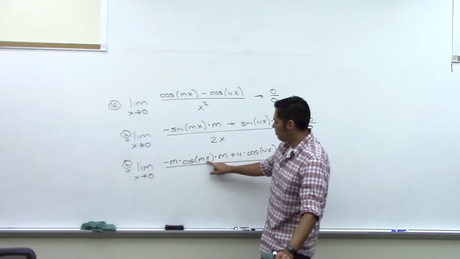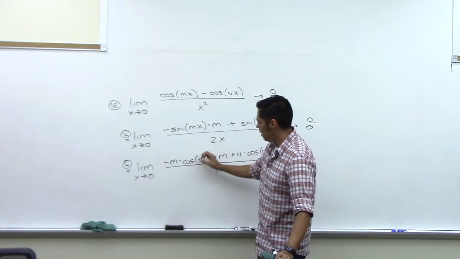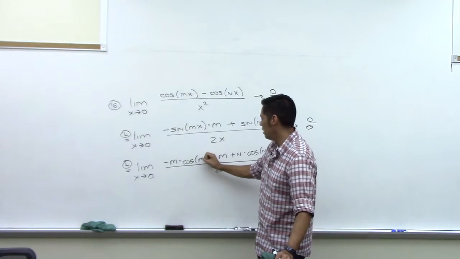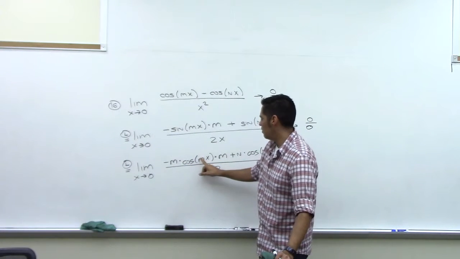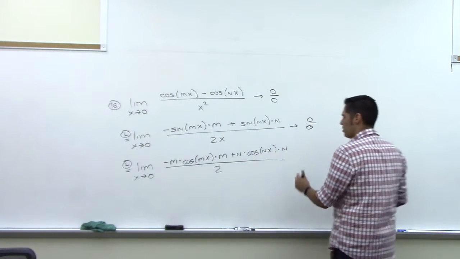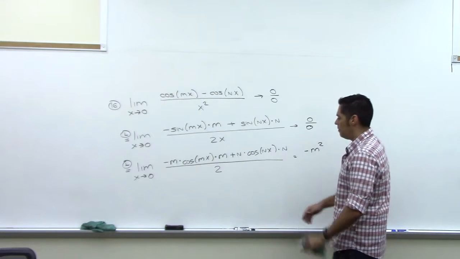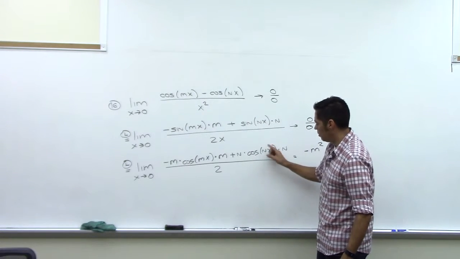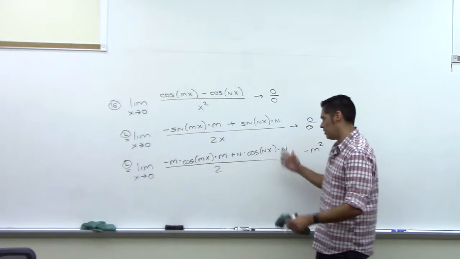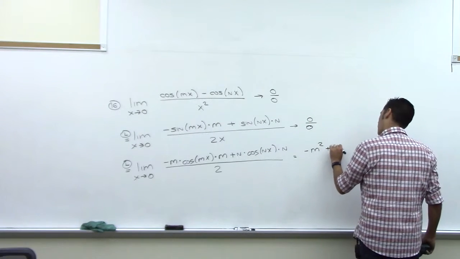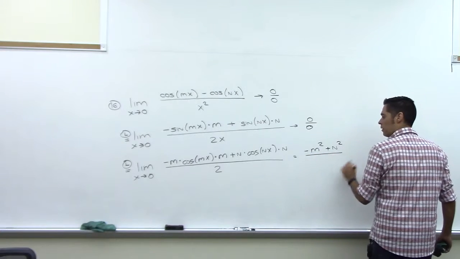So if x goes to 0, this is cosine of 0. Cosine of 0 is 1. So I'm going to have negative m times 1 times m. That's negative m squared. And then I'm going to have cosine of 0 again, which is 1, and then n times n, that's going to be plus n squared, all over 2.